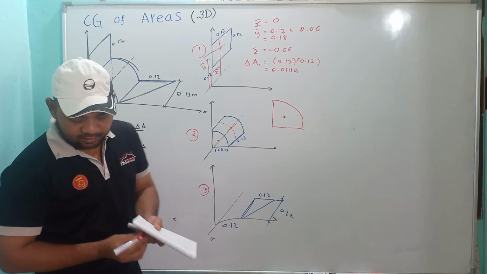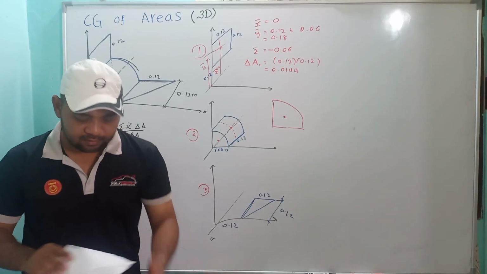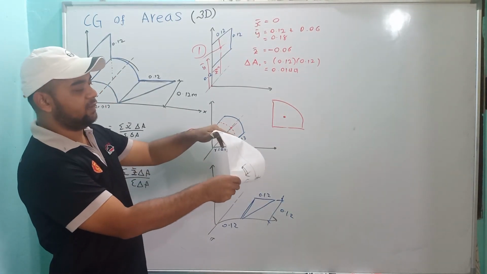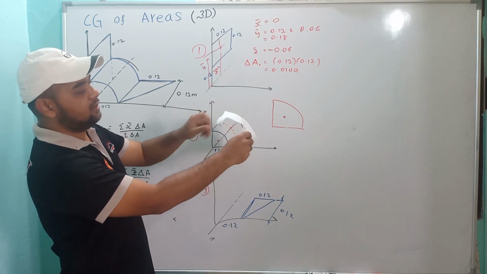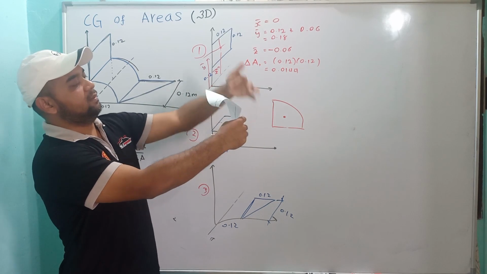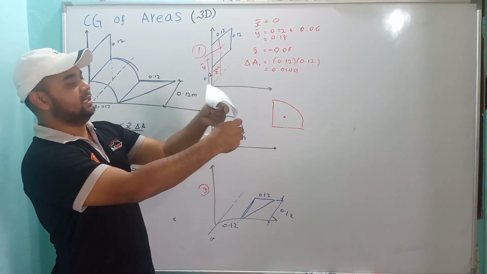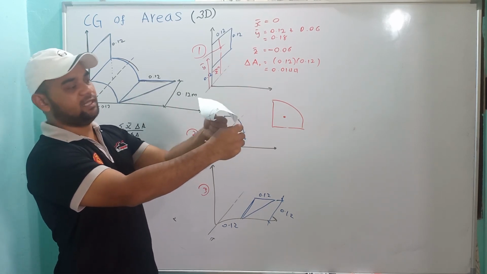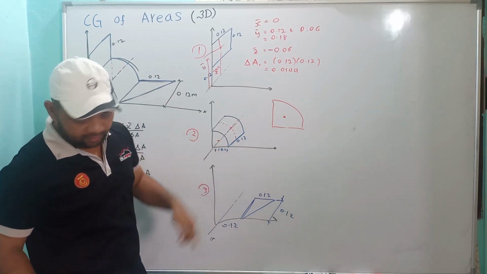It is half of it here, so the CG is here in the middle. Half from here, but inside, not on the surface.